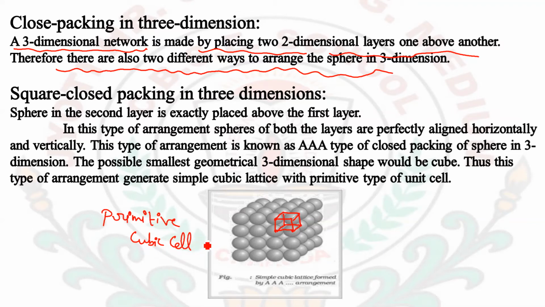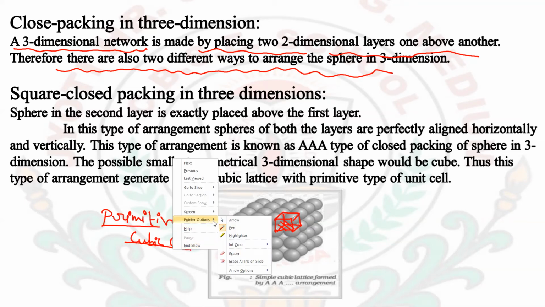This type of close packing is known as square close packing in 3 dimension, because you can see one face is square in shape. And the lattice used here is the primitive cubic unit cell.